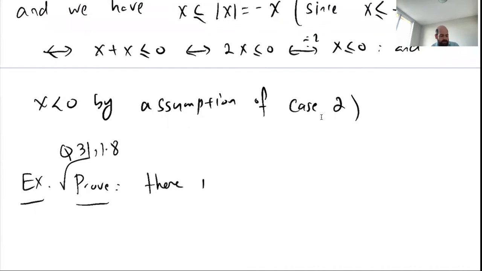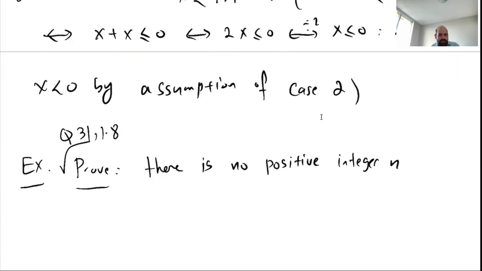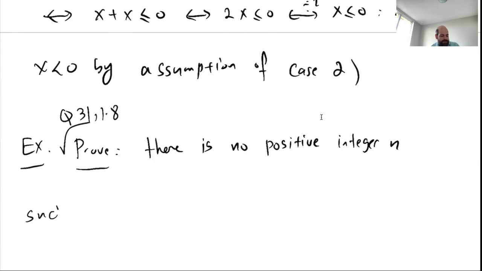Prove that there is no positive integer n such that n squared plus n cubed is equal to 100. So why do you think there is no positive integer n such that n squared plus n cubed is equal to 100?